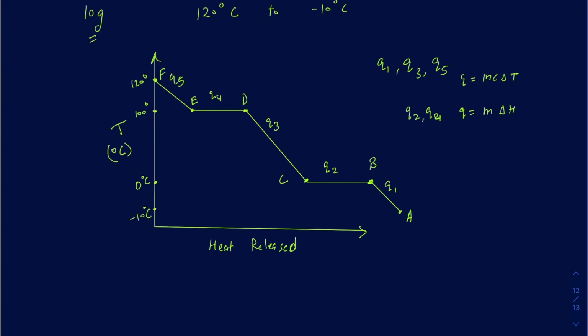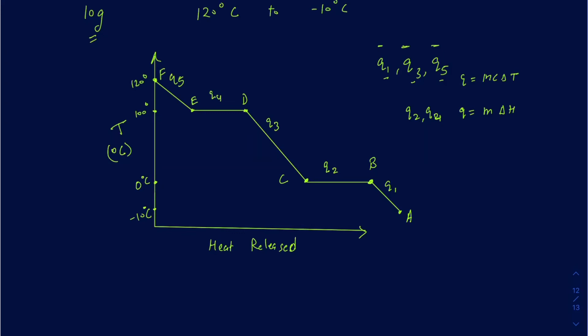Now, what changes is that all these values, Q1, Q3, and Q5, are going to be negative values, because you're going to a lower temperature, and when you do T final minus T initial, they will come out to be negative.